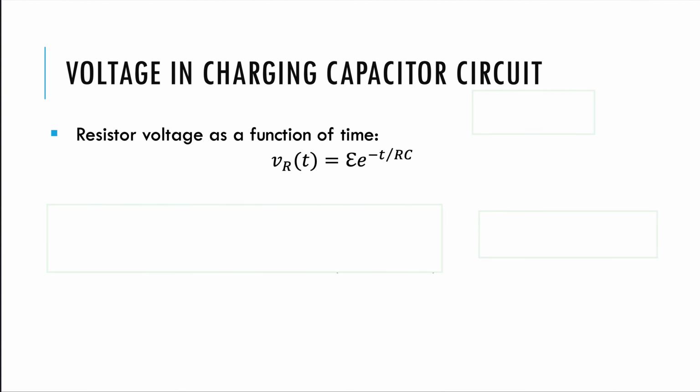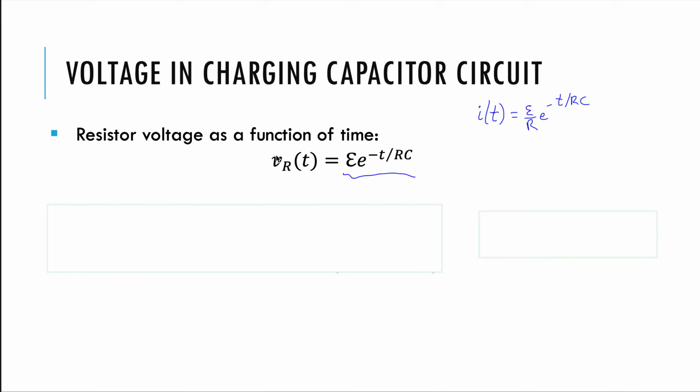Finally, let's take a look at the voltage as a function of time. First, let's look at the voltage on the resistor. Well, we know that the current in the circuit is given by this expression over here. So this is the current through the resistor at any time. To find the voltage across the resistor at any time, we know that voltage is current times resistance. So we just have to multiply this by R to get this expression over here.